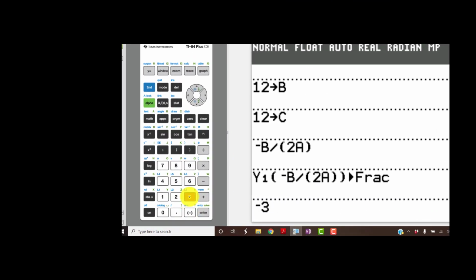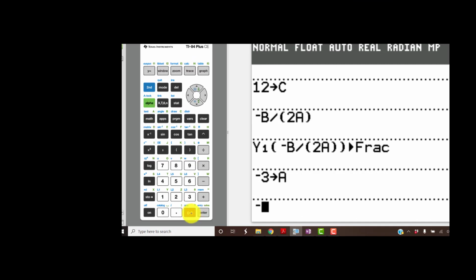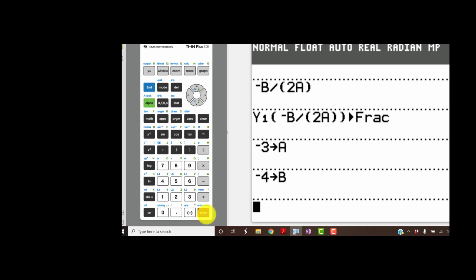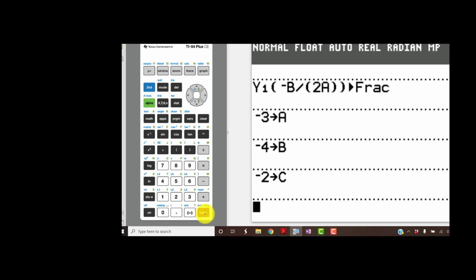So -3 stored in A. Here we go. -4 stored in B. Okay. And -2 stored in C. Very, very quick. My Y1 is already loaded with what I want.